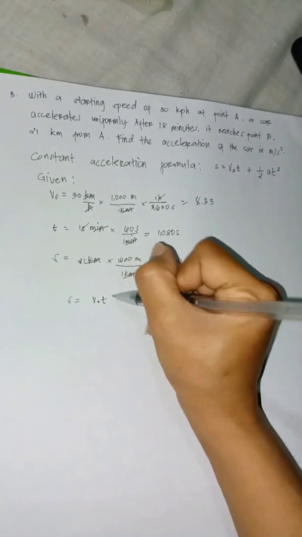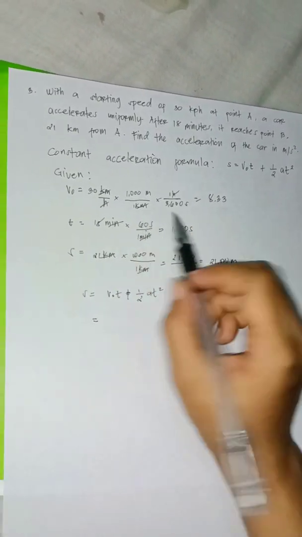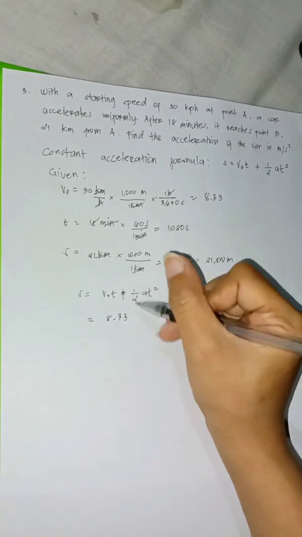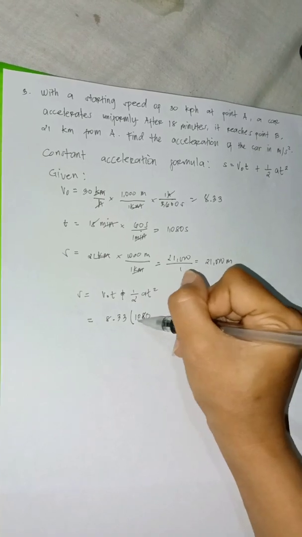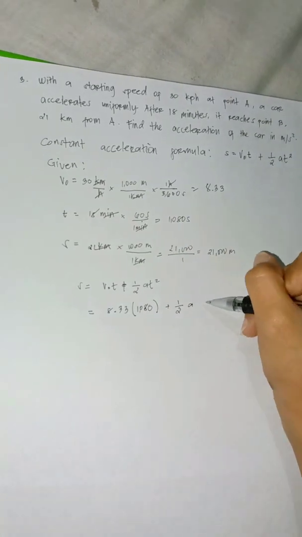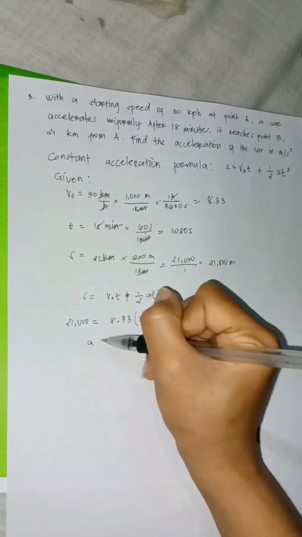Substituting to our formula, we have initial velocity times time plus 1/2 a t squared, which is equal to 8.33 multiplied by t, which is 1080 seconds, plus 1/2 a, and of course we're going to substitute s also, 21,000.